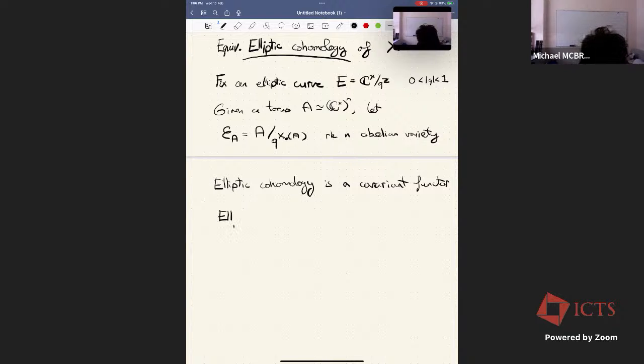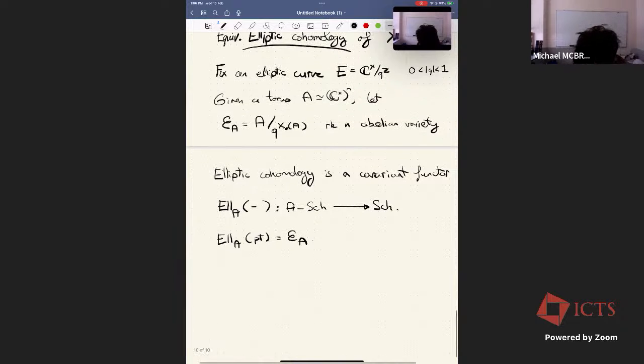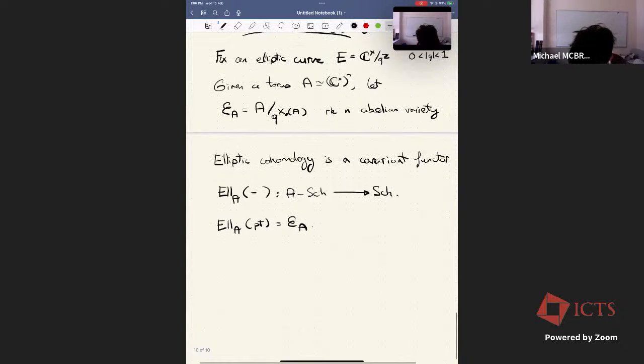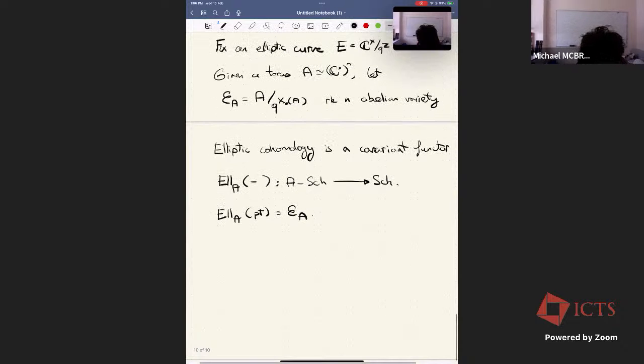I'll write it as L sub A, that takes as input a scheme with an A action and produces a scheme, and which associates to the point this abelian variety EA. Of course, this doesn't define it uniquely. I'll give you some examples in a minute that give you some intuition for how this actually works.